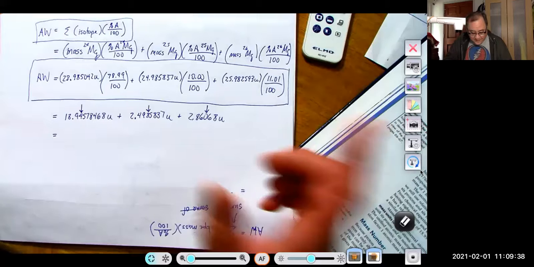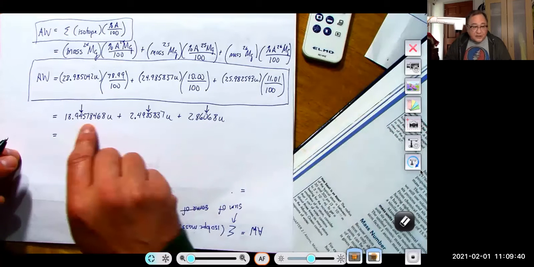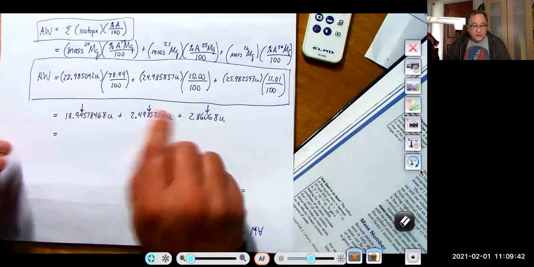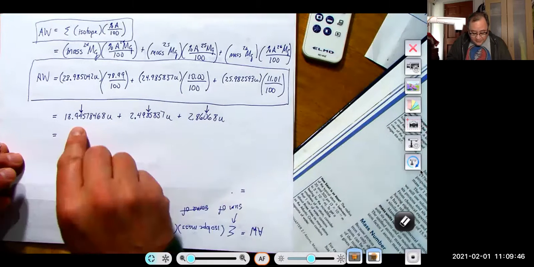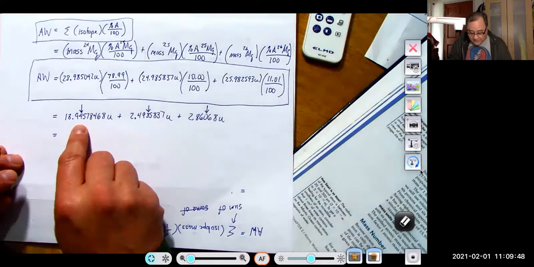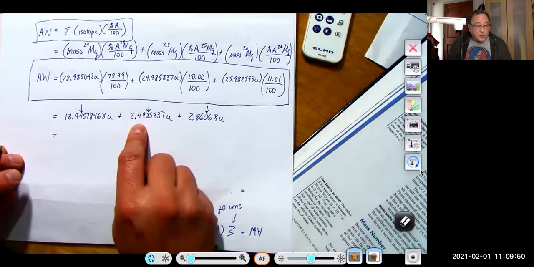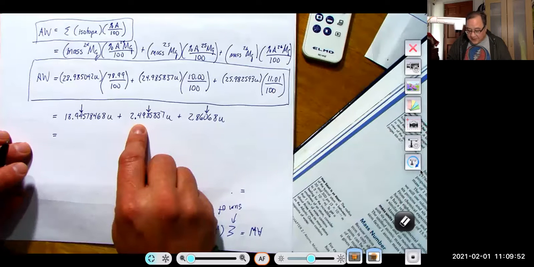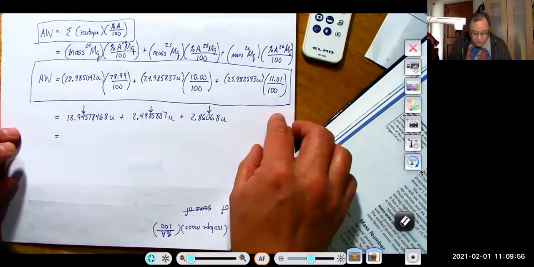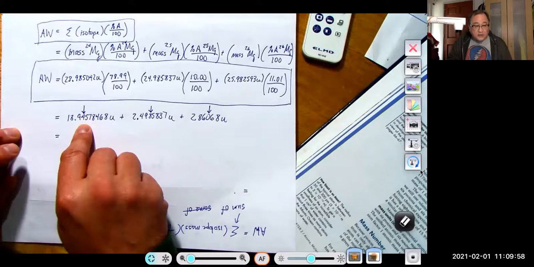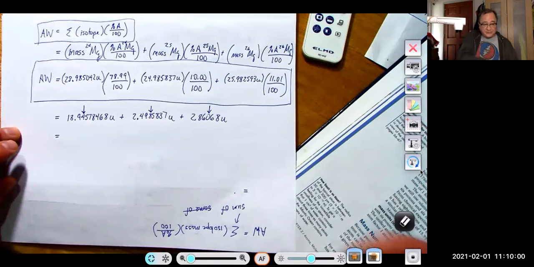But can everyone see that we're now doing addition and we're not doing multiplication? So for significant figures, we're going to round based on precision. This is precise to 2 places over from the decimal. This is precise to 3 places over. This is precise to 3 places over. So which one is less precise? This one here. So I'm going to round to 2 places over from the decimal.